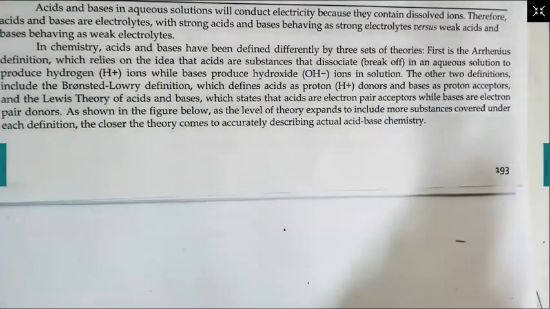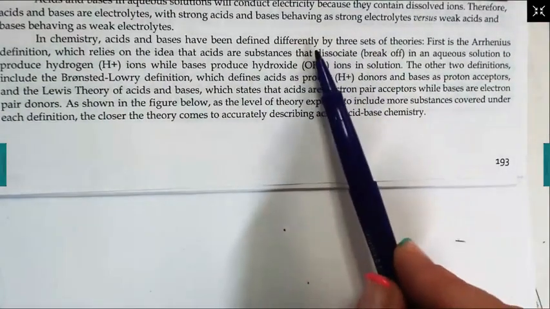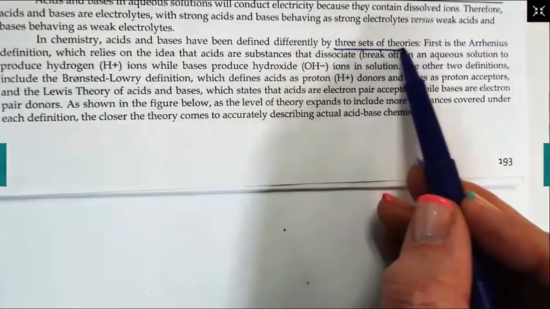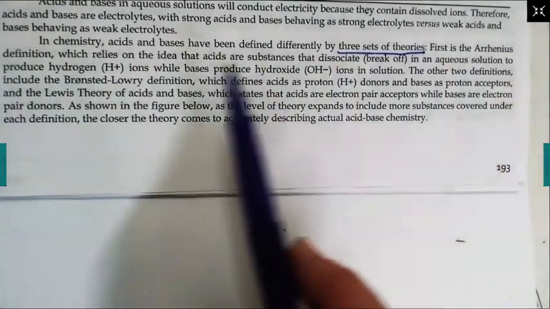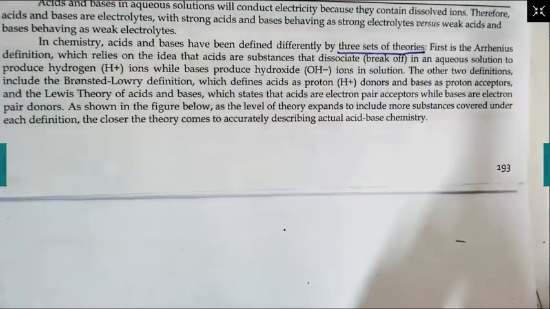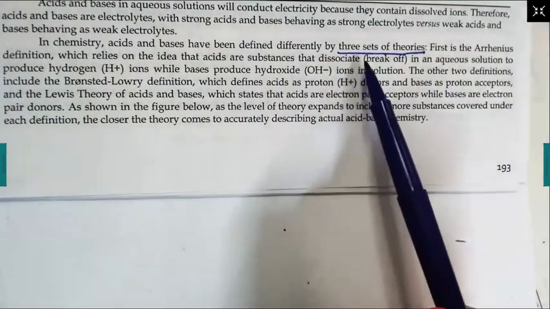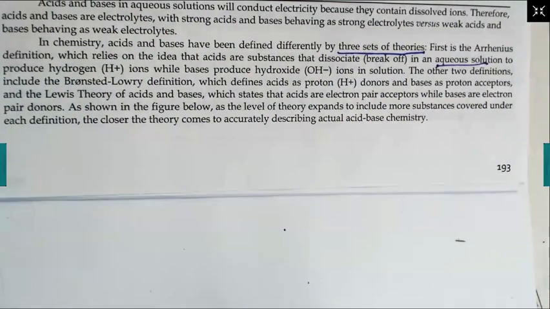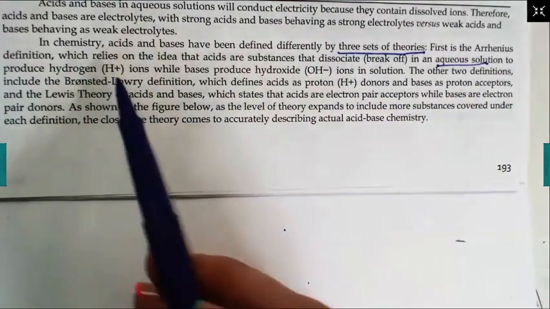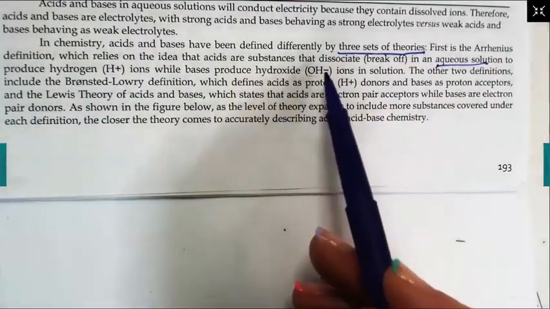In chemistry, acids and bases have been defined differently by 3 sets of theories. First is the Arrhenius theory, which we just went over, which relies on the idea that acids are substances that dissociate, break off in an aqueous solution, that's the whole water thing, to produce your hydrogen ions, and bases produce hydroxide ions.